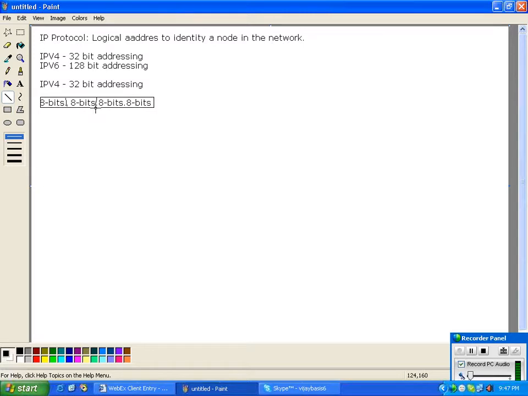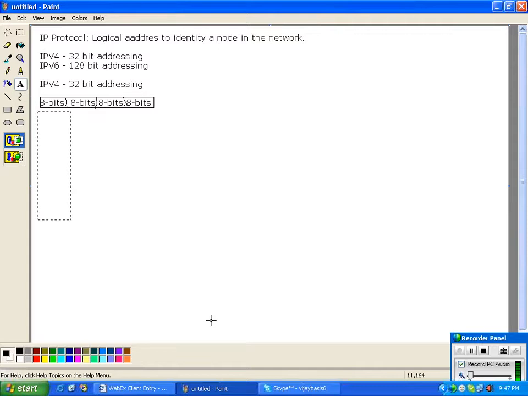So it is divided into 4 octets: 8 bits, 8 bits, 8 bits, 8 bits. For example, 192.168.10.1. That way it has been divided.